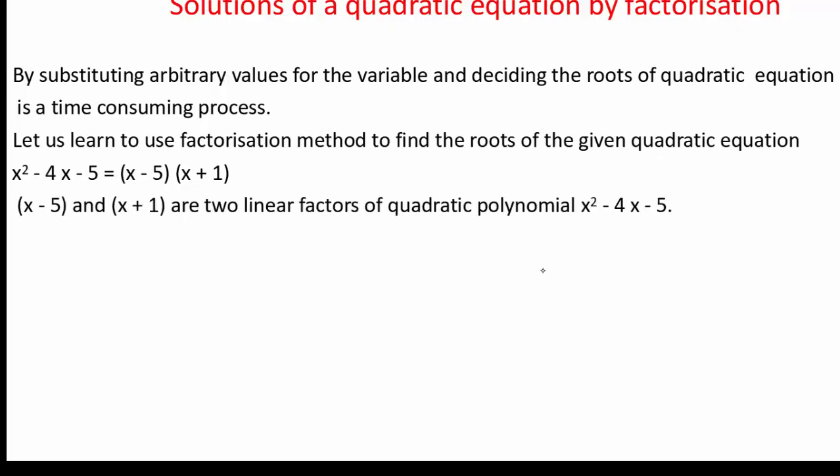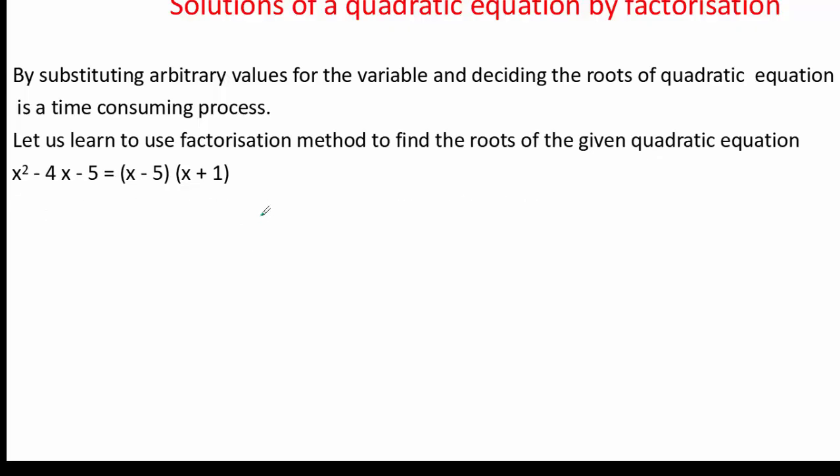How to factorize this? For factorizing this, see this last number. It is 5. What are the factors of 5? Factors of 5 are 1 and 5. Keep in mind that if this sign is a plus, then factorize this number in such a way that their sum is the middle term.